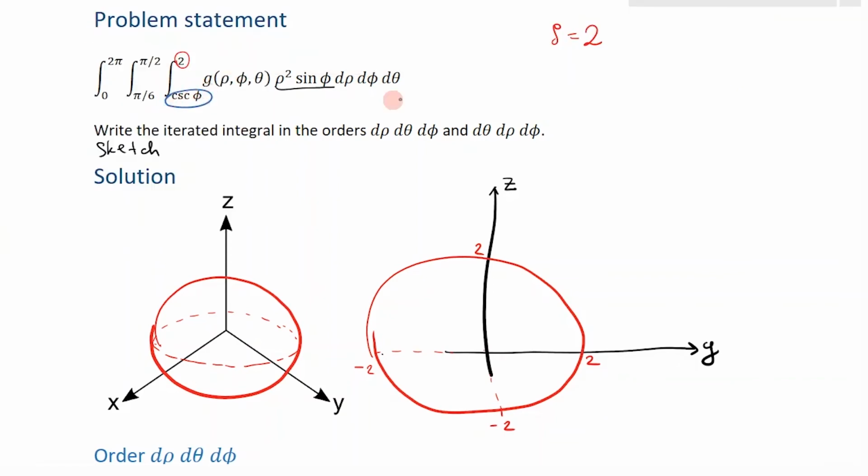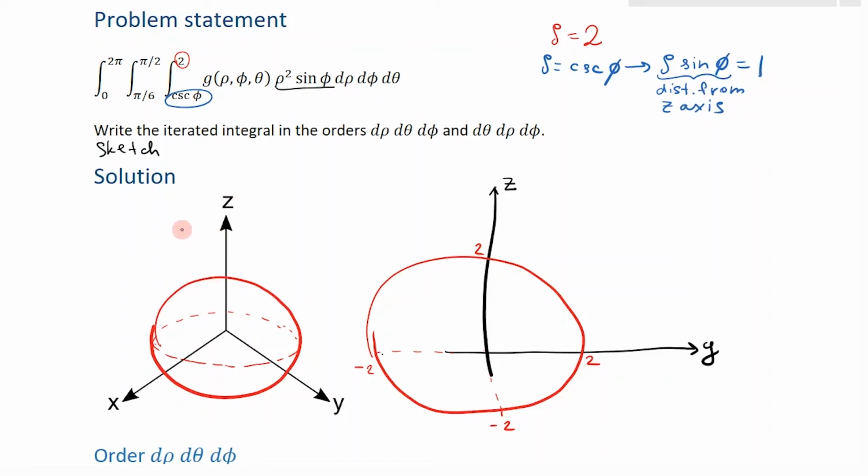This is rho equals cosecant phi, which is the same thing as writing rho sine phi equals 1. What I did is I multiplied both sides by sine phi, which made it 1 on the right-hand side and rho sine phi on the left-hand side. This is saying that the distance from the z-axis is equal to 1, which is the same thing as saying cylinder of radius 1.